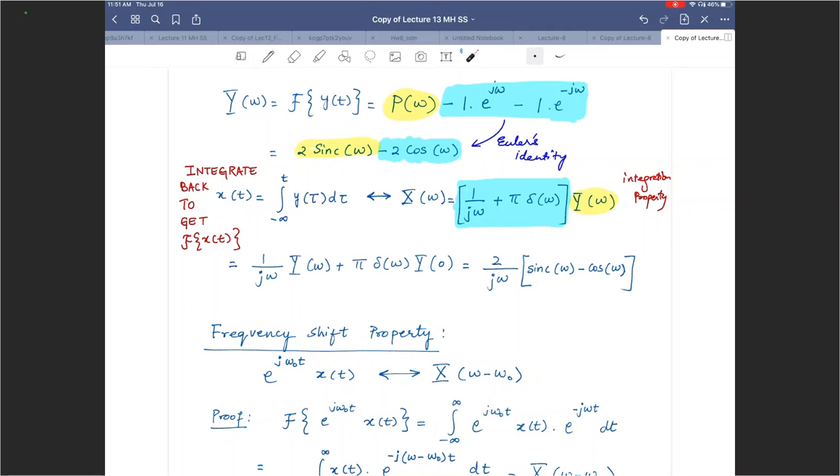Omega equals 0 is what? 2 sinc 0 minus 2 cosine 0. That is simply going to be 0. So that will cancel out. You will be left with 2 divided by j omega times sinc omega minus cosine omega. That is the Fourier transform of x.